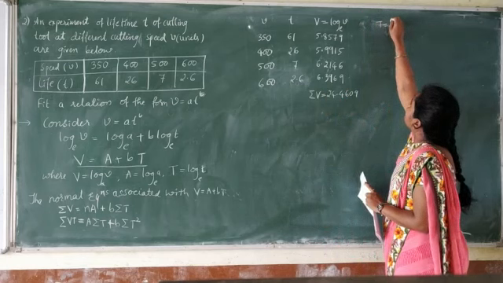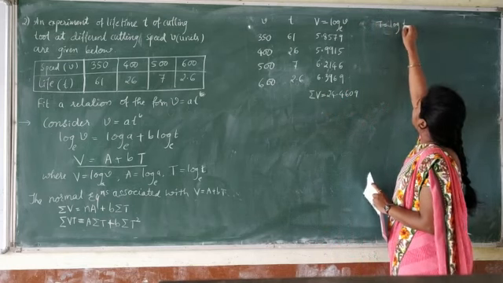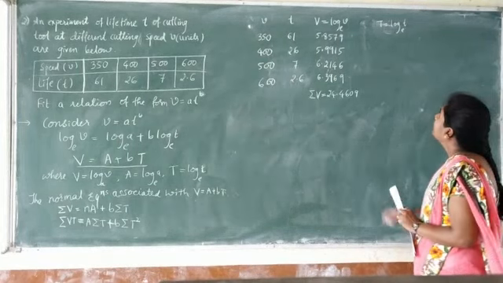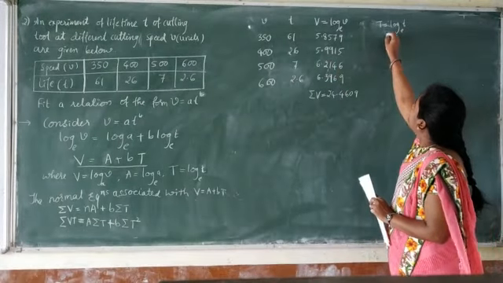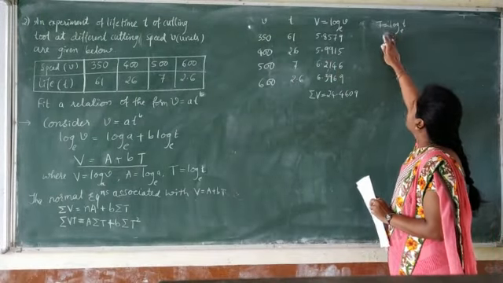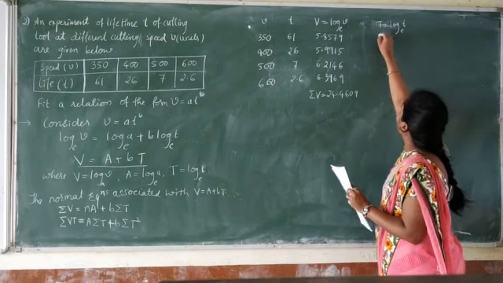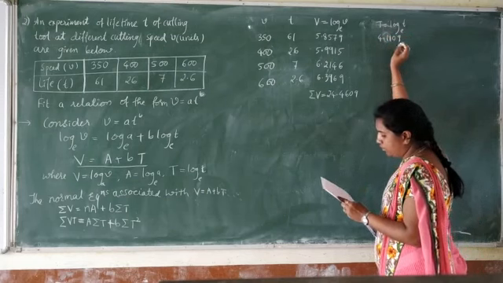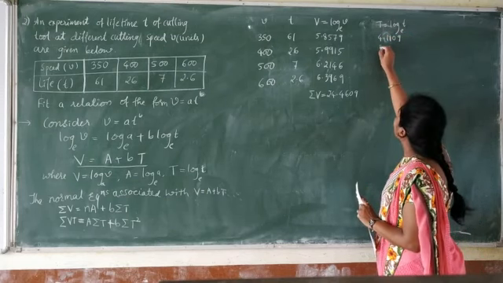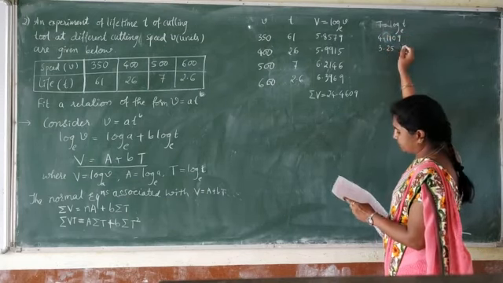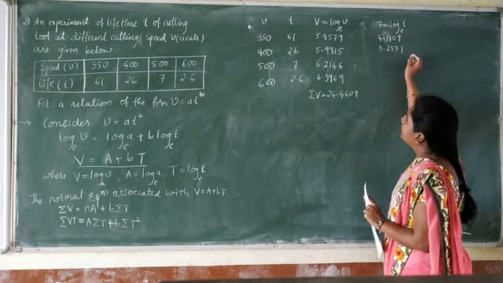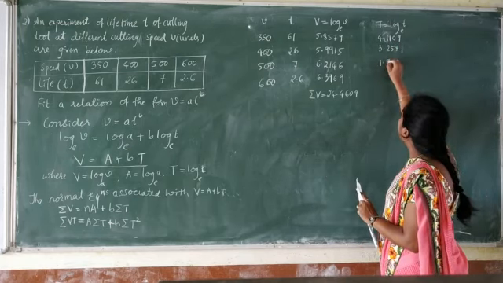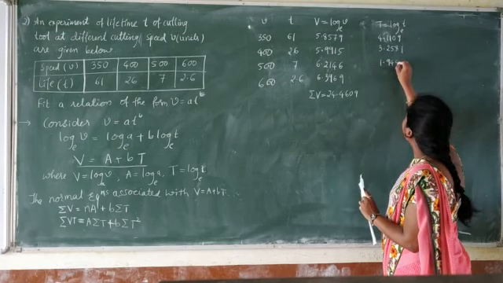Next we will find T. T equals log t to the base e, which means log of small t. First is log of 61, which is 4.1109. Next, log of 26 is 3.2581. Next, log of 7 is 1.9459.